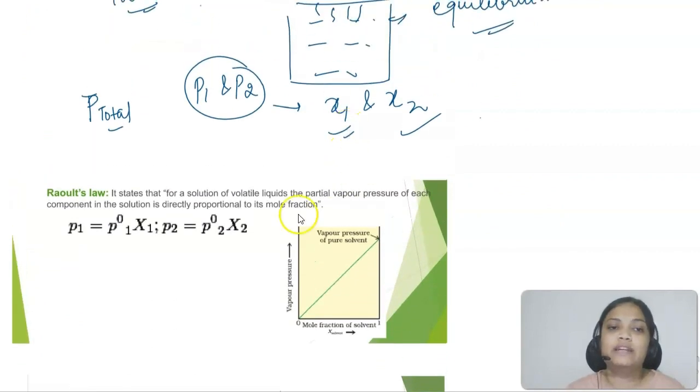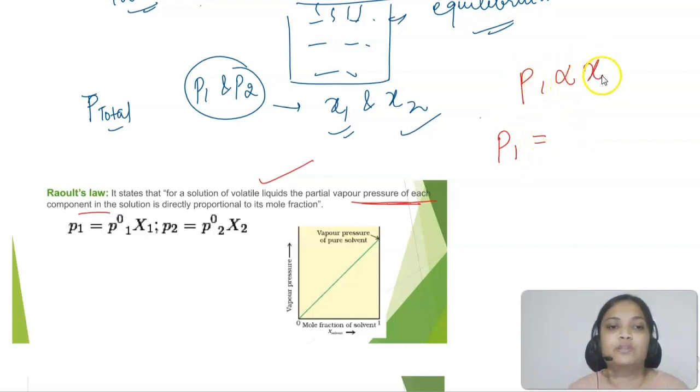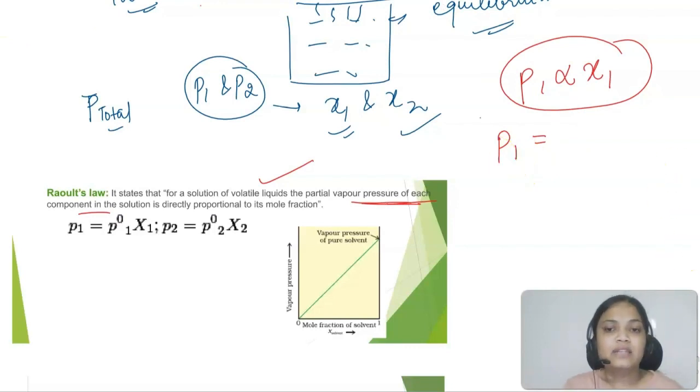Raoult's law states that if we have a solution of volatile liquids, the partial vapor pressure of each component, let's say P1, is directly proportional to its mole fraction x1. If I remove the proportionality sign, it becomes P1 = P1 naught x1.